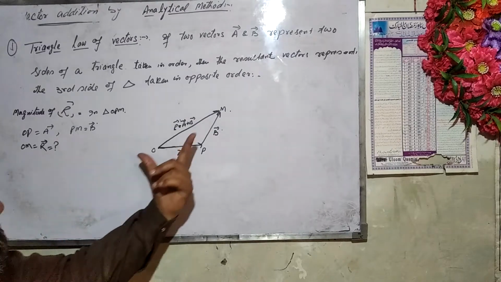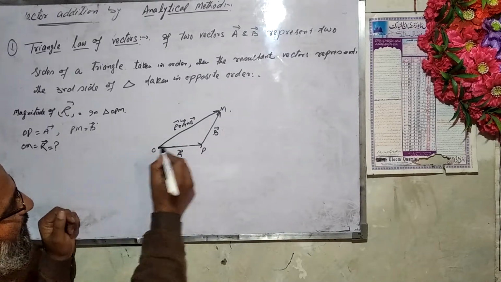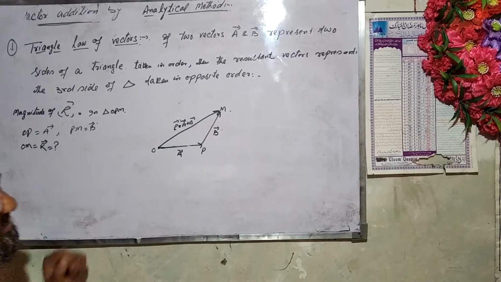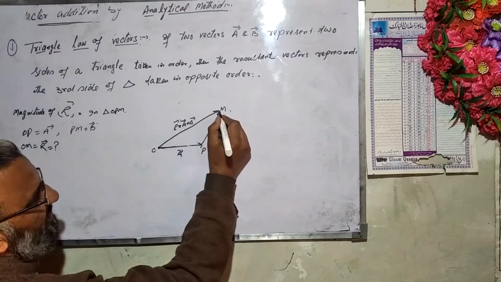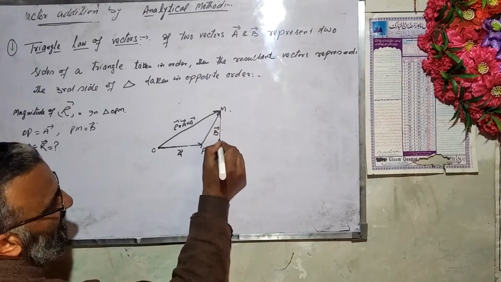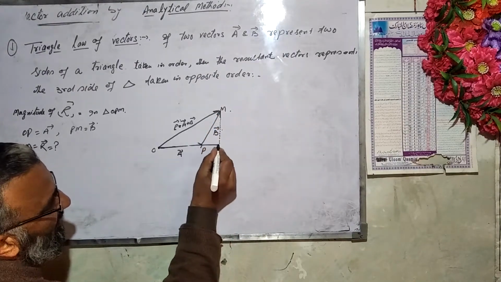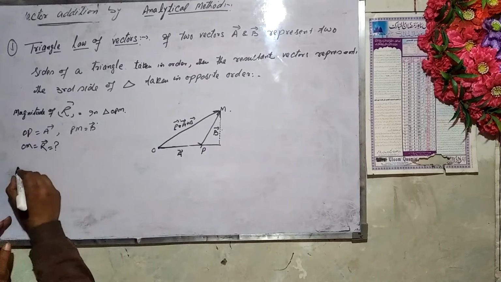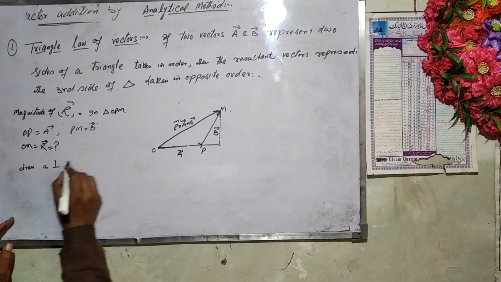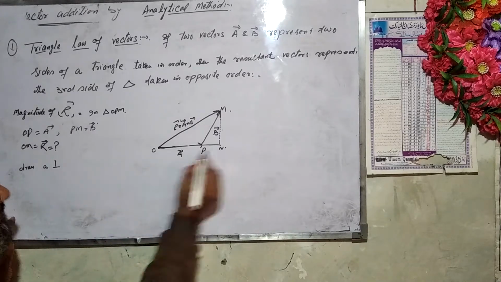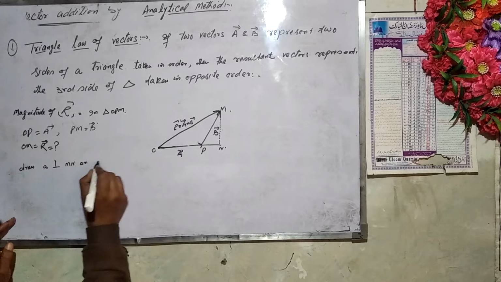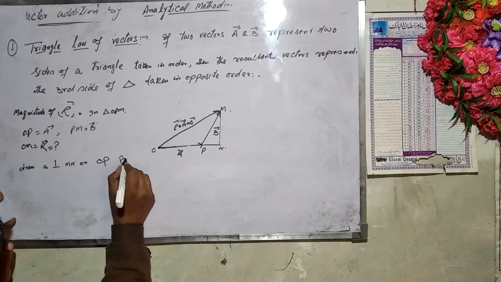तो इसके लिए हमें ये साइड निकालने के लिए हमें पहले इसको एक राइट एंगल ट्रायंगल बनाना है. तो राइट एंगल ट्रायंगल बनाने के लिए हम यहां से एक परपेंडिकुलर ड्रॉप करते हैं. So draw a perpendicular MN on OP produced.